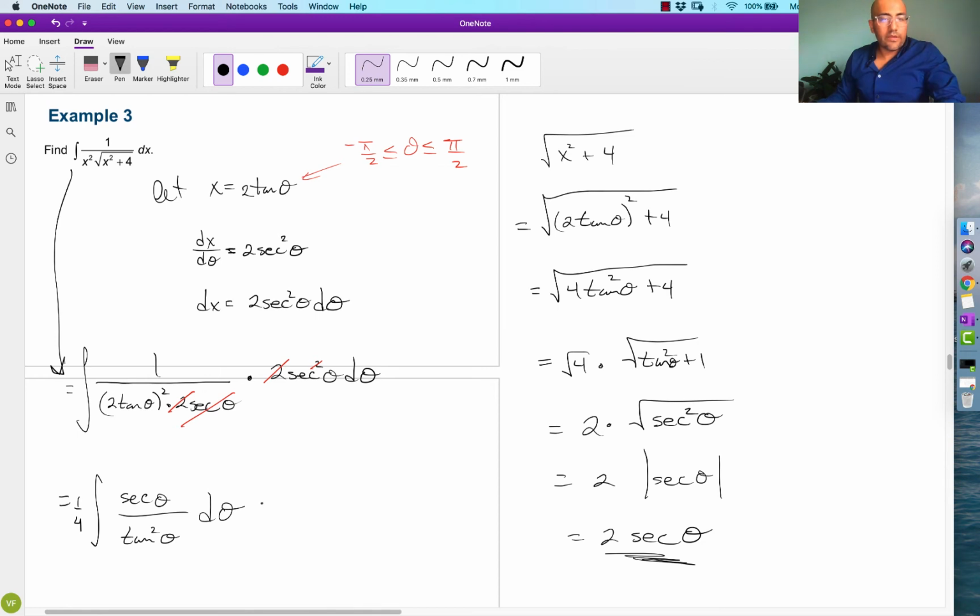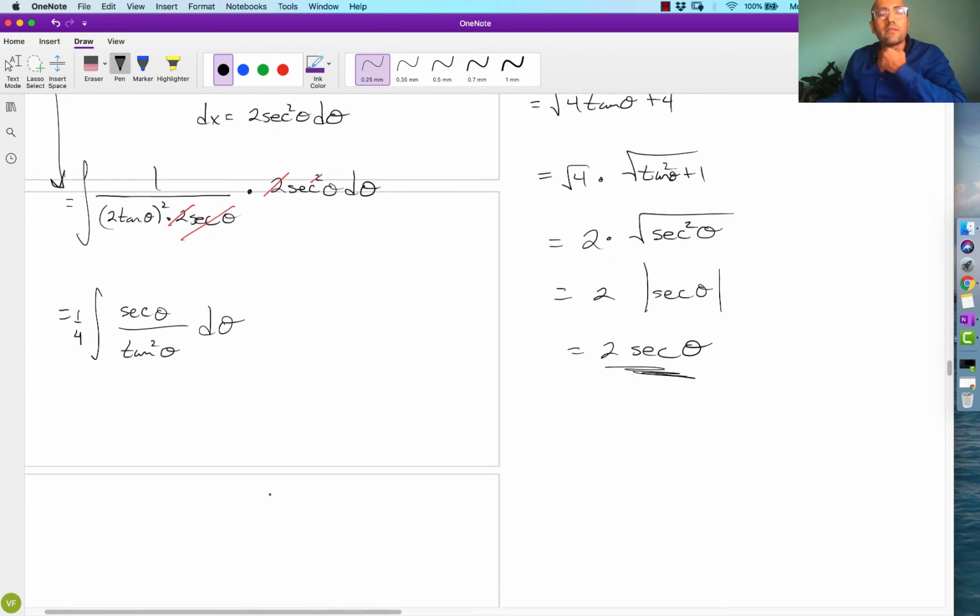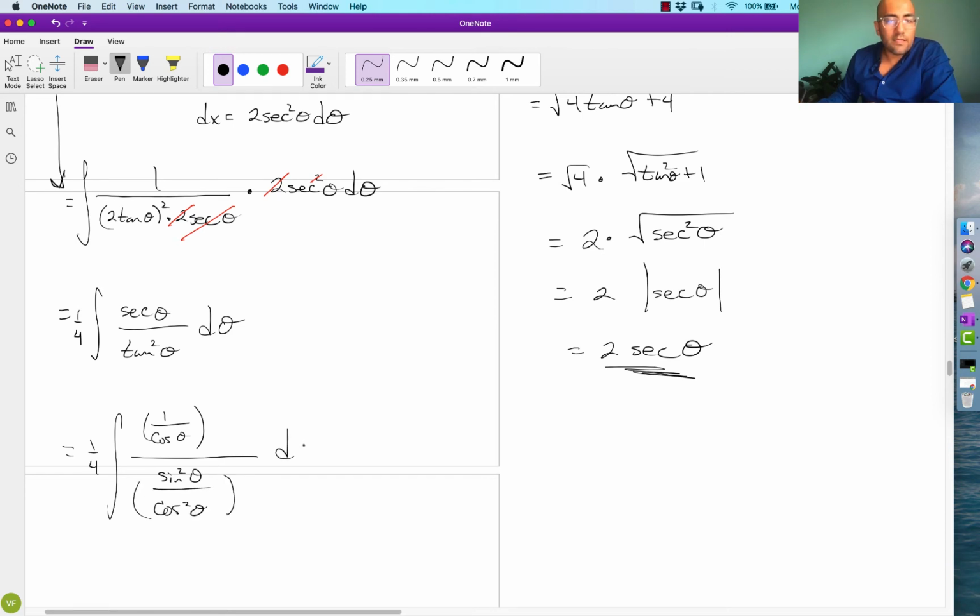Good. Okay, so let's simplify that by converting everything into sines and cosines. This is going to be 1/4 integral of 1 over cosine theta, that's the secant, divided by sine squared theta over cosine squared theta, d theta.